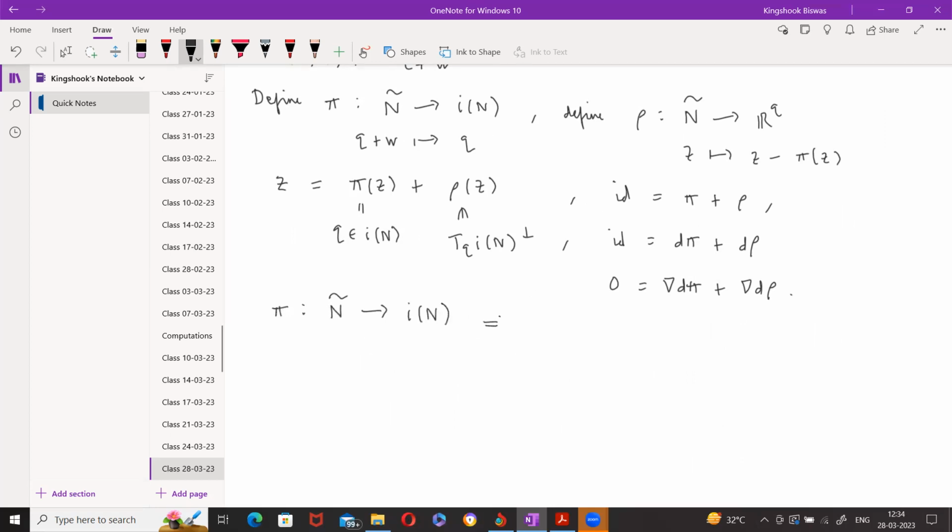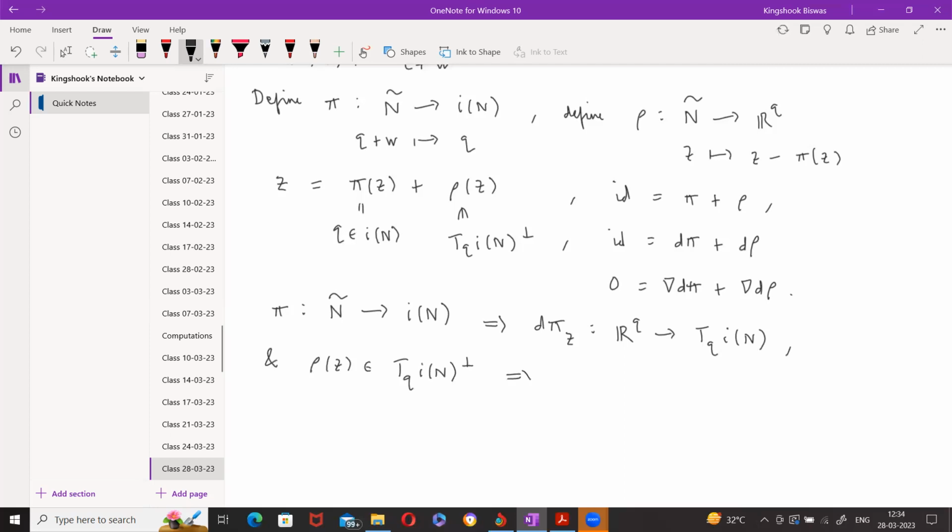So that implies that d pi at any z maps R^q into the tangent space to I(N), right? And rho z belongs to the orthogonal complement of the tangent space.